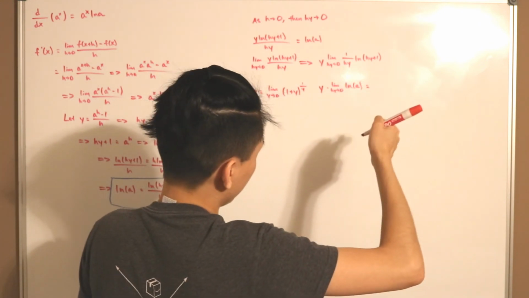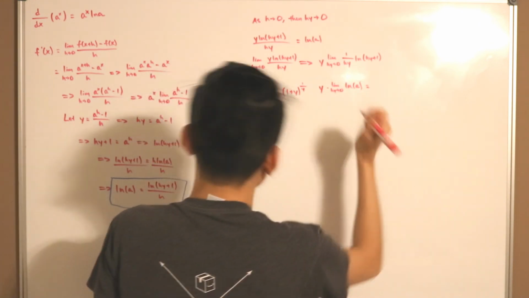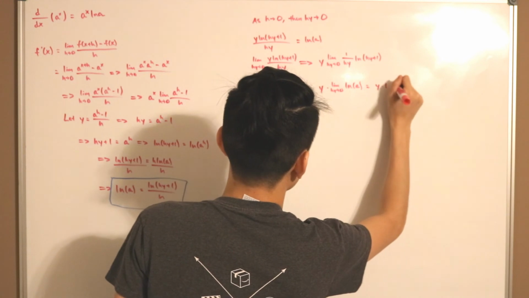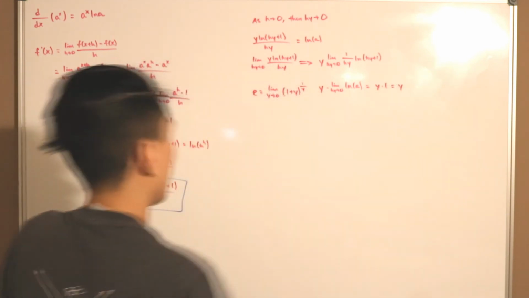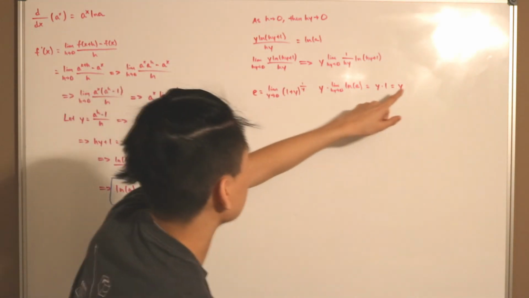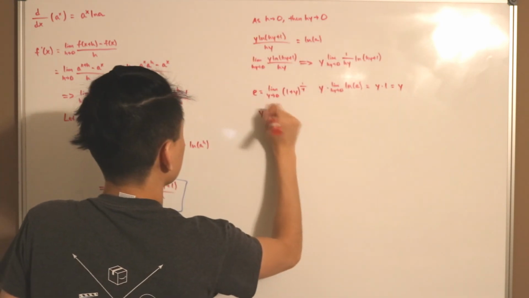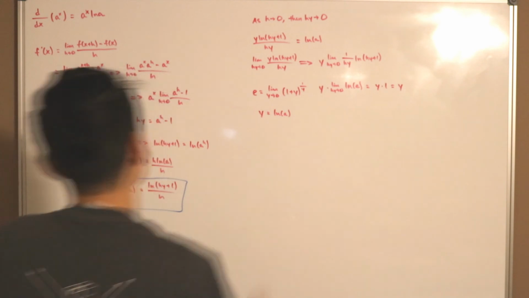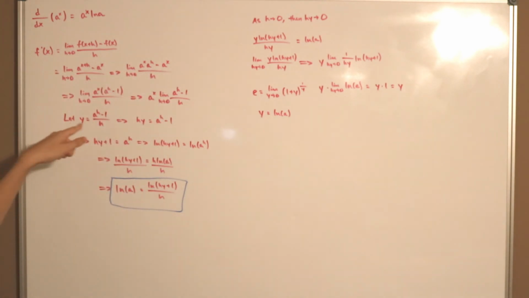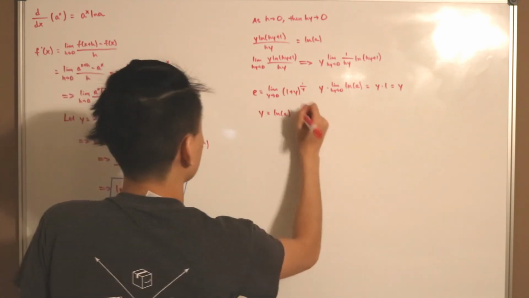So the limit of 1 is just 1, and it's y times 1 equals y. This means y is equal to ln of a, where we also defined y as a to the h minus 1 divided by h.